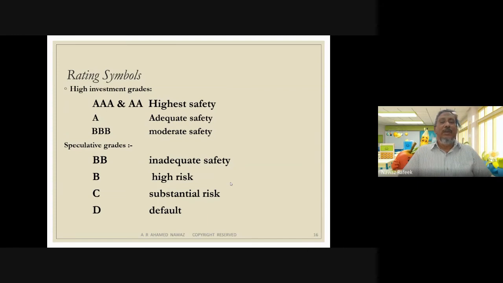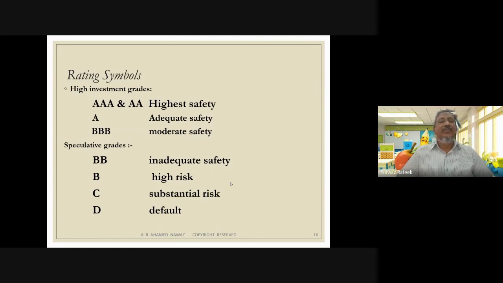Normally below triple B, banks are not accepting to give credit facilities to businesses. Therefore, almost all businesses, large corporates specifically, try to get the highest investment grades: triple B, A, double A, or triple A. The triple A is the highest performance, about 98% safety.